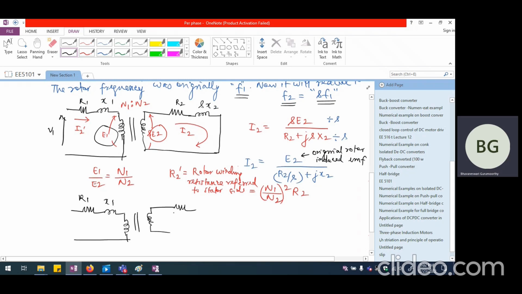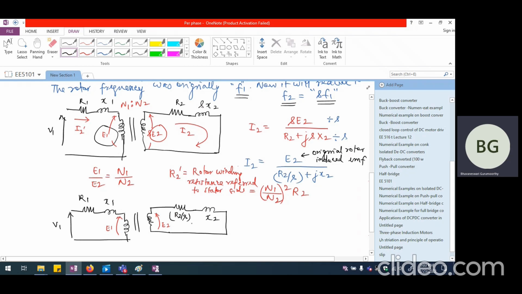Then I have R2 divided by S, and I'm going to have X2. Now this is going to be E1 and this is going to be E2, and this has to be short circuited. So this is the overall equivalent circuit of the induction motor on a per phase basis.